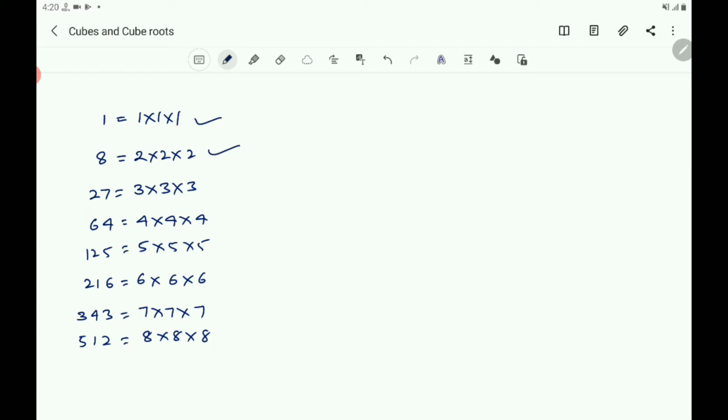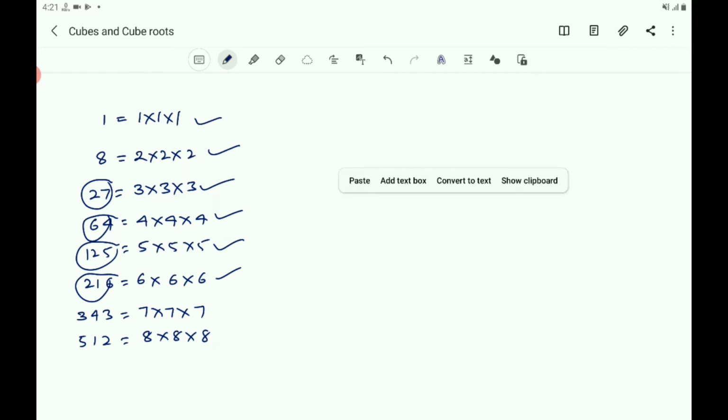By multiplying 2 3 times, you will get 8. By multiplying 3 3 times, you will get 27. By multiplying 4 3 times, you will get 64. By multiplying 5 3 times, you will get 125. And by multiplying 6 3 times, you will get 216. So these numbers are called cube numbers.